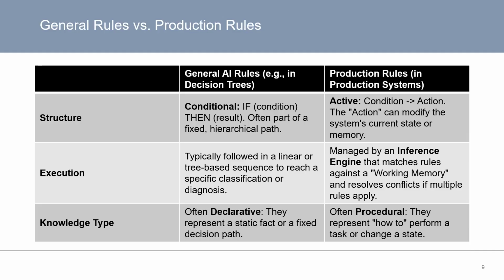Alternatively, production rules generally take the form of if condition, then action, and when fired, can modify the system's current state or memory. Execution of such rules is managed by an inference engine that matches rules against a working memory and resolves conflicts if multiple rules apply. And these systems generally rely on procedural knowledge that allows us to represent how to perform a task or change a state. Now let's move on to focusing on the knowledge base.